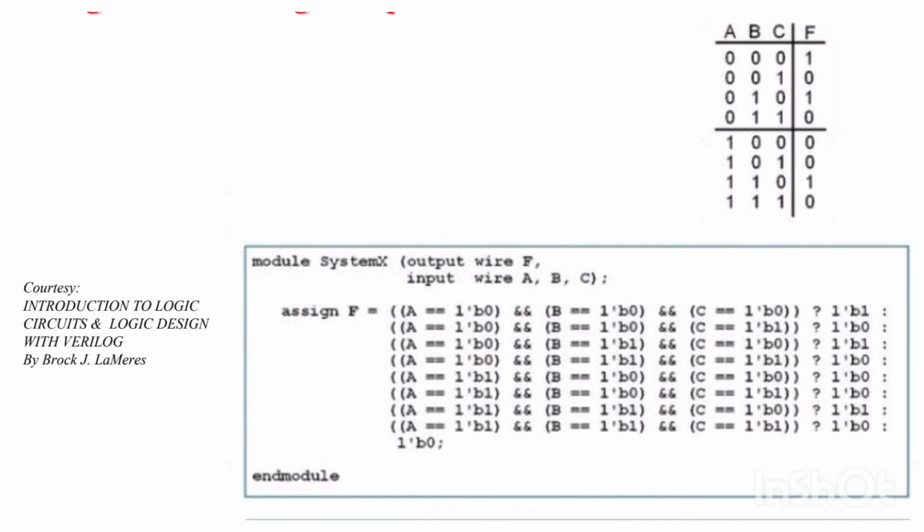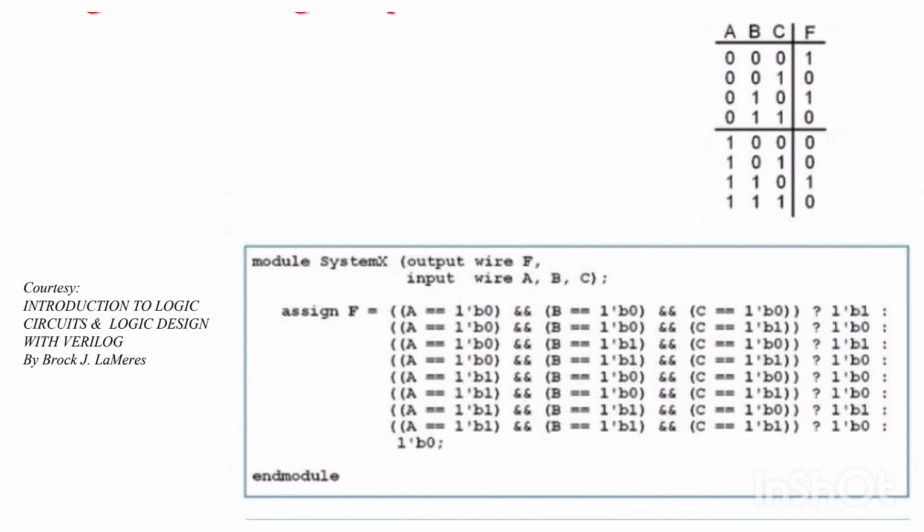Now we will go to the next one, that is A equal to 0, B equal to 0, and C equal to 1, and the original F value is as per this program. It is written over there as 1'b0, meaning 0 will be the output value.